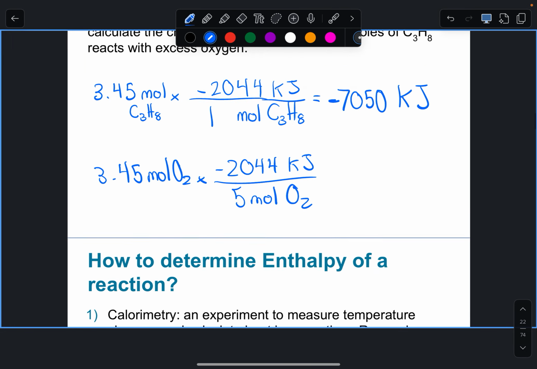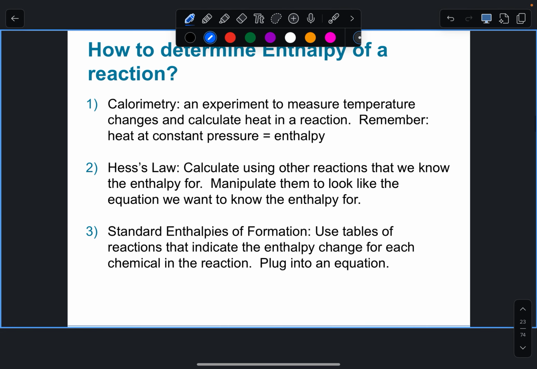Okay. All right. So this is a summary of the rest of the chapter. We're going to do the first one today, which is determining enthalpy experimentally. This is identical to what you would have done in the lab in Chem 1. Then we're going to look at 2 different ways to calculate enthalpy.